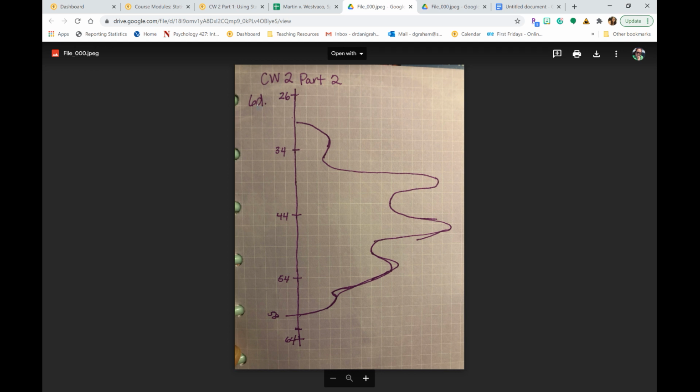And so here I'll make a note. This is corresponding to classwork 2, part 2, 6D. So here's my sketch. And you can see that I messed up. It's not perfect. It's really, really rough. And you can be as detailed as you like here. If you want it to be a very detailed, precise drawing, go for it.